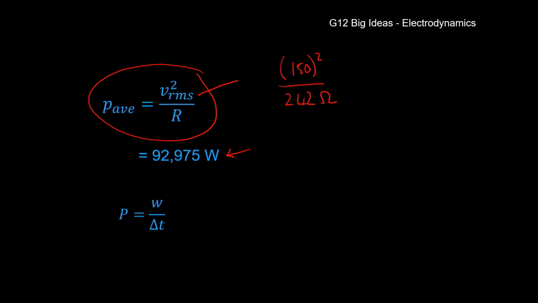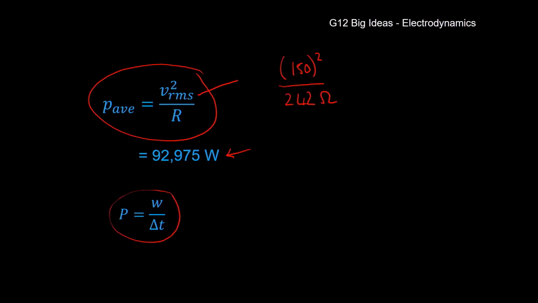That still isn't giving me what is being asked. I'm being asked about the energy dissipating. Power is the rate at which energy dissipates. So when we're talking about a rate, we're talking about time. So this formula here tells me everything about power. It's saying that it's energy dissipated or work done per unit time. That gives me the rate.